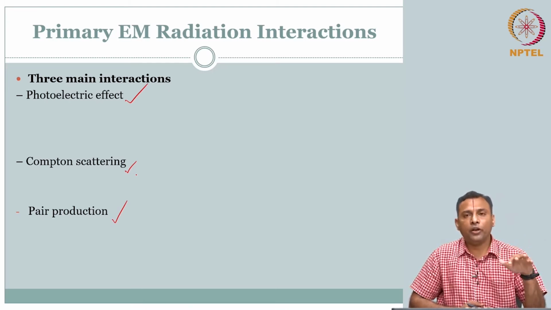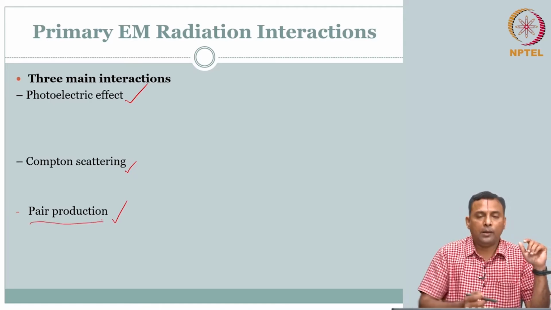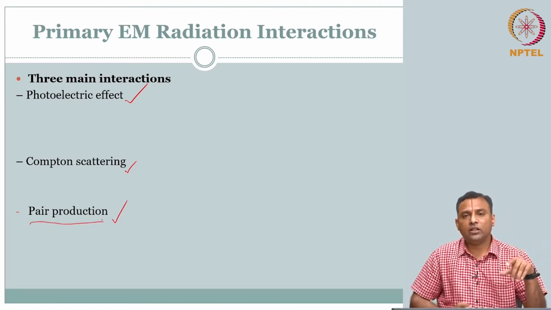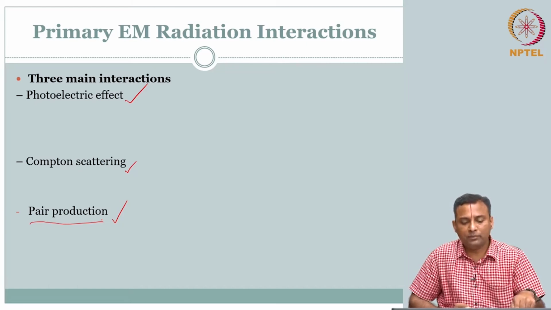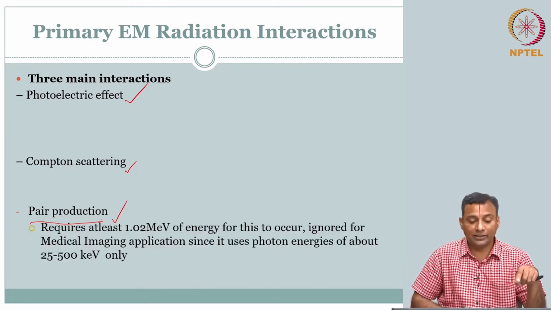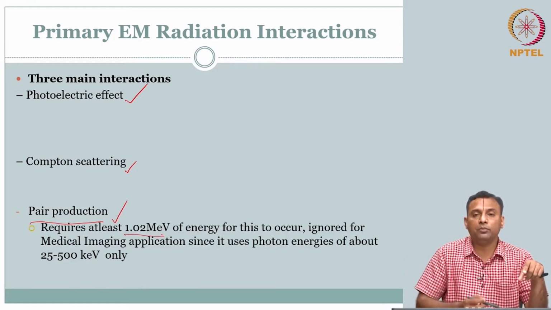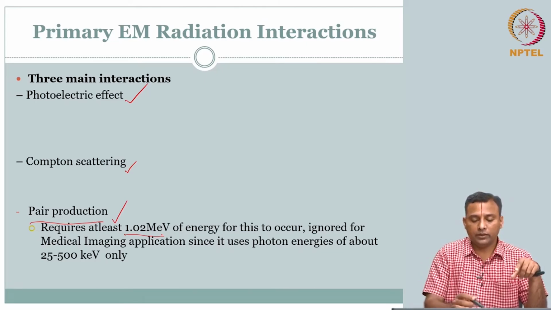In fact, going forward, we will rule out the last one, pair production. These are all interactions of electromagnetic radiation with material. You will have pair production, but it requires high energy, at least 1.02 megaelectron volt.